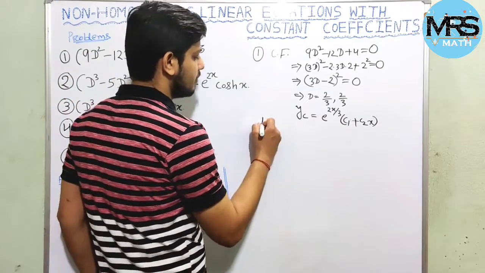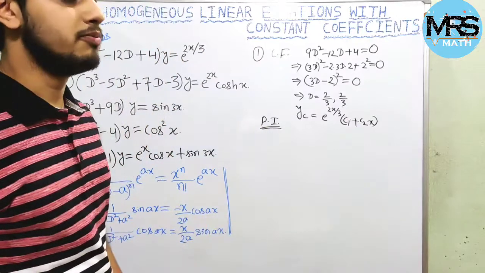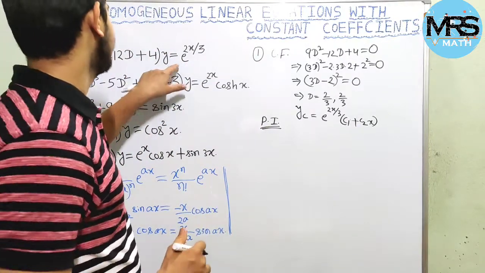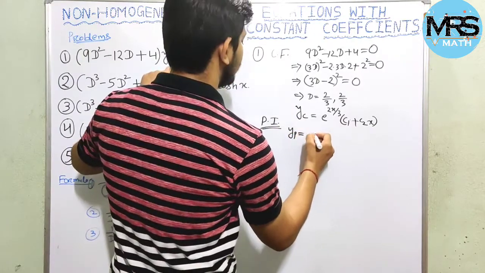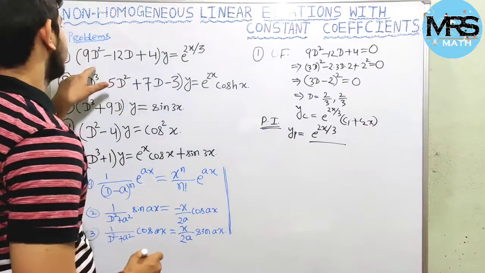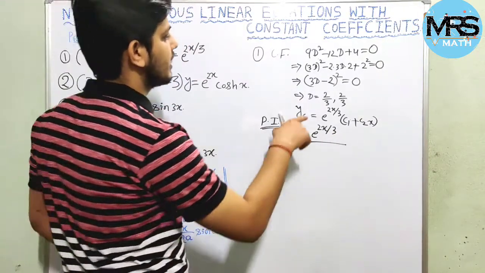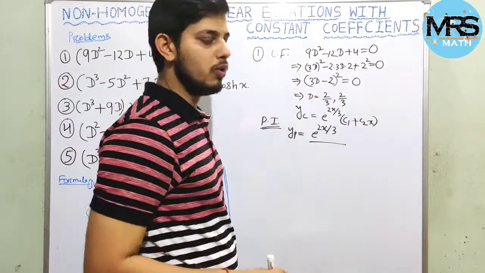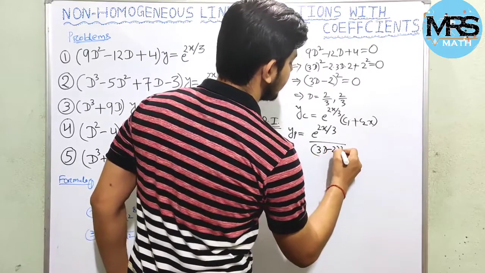Now we go for the particular integral, which is important. Here you can see yp will be equal to e^(2x/3) over 9D² − 12D + 4, which we can write as (3D − 2)².